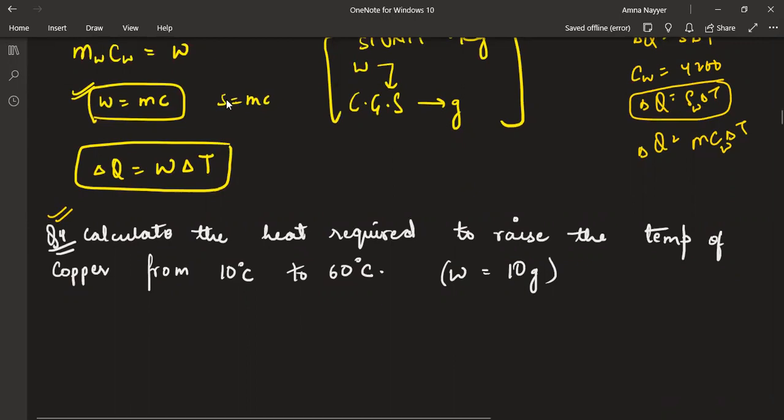Calculate the heat required to raise the temperature of copper from 10 to 60. You use the same formula, delta Q is equal to W delta T. So here you have to find out the heat.